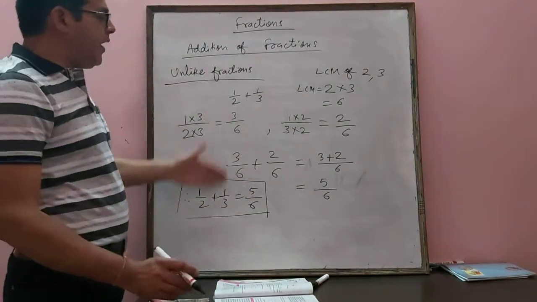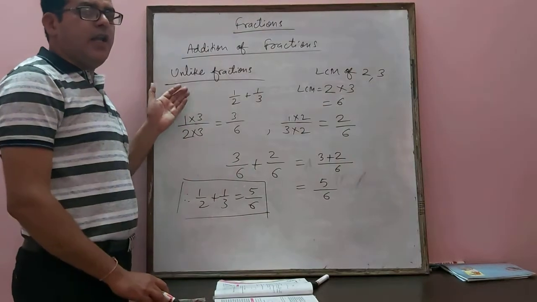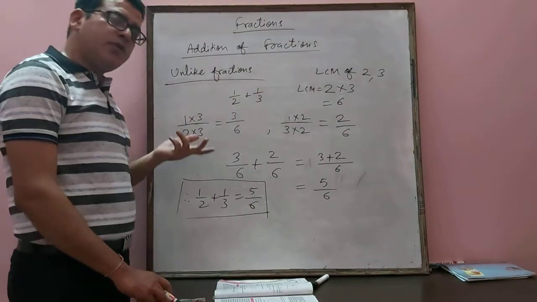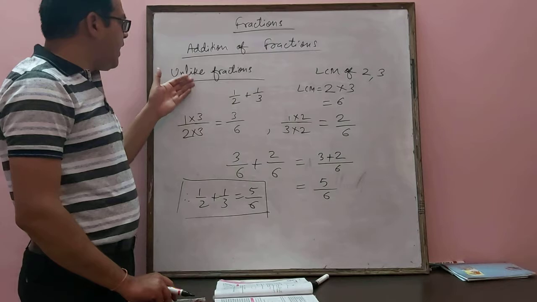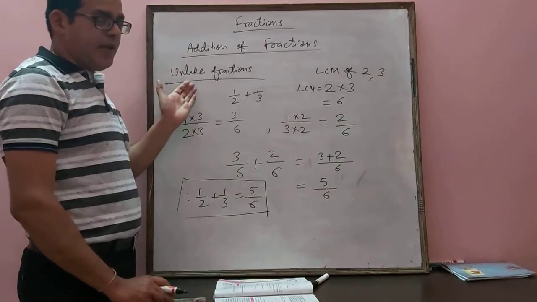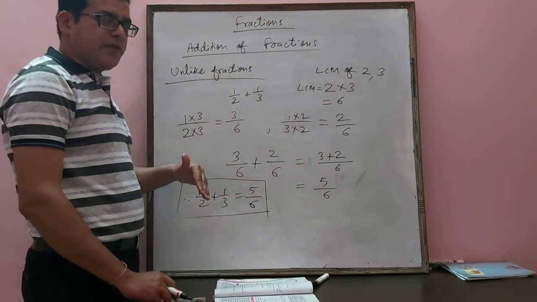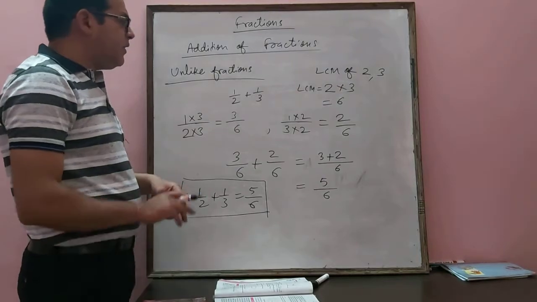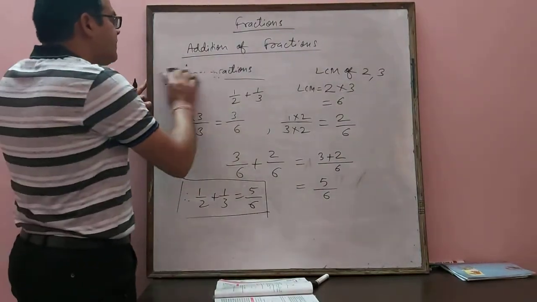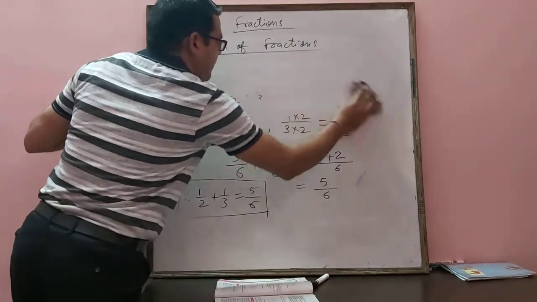This is the way we can add unlike fractions. So what is the rule to add? First we have to convert unlike fractions into like fractions. Right? One more example I am taking here.